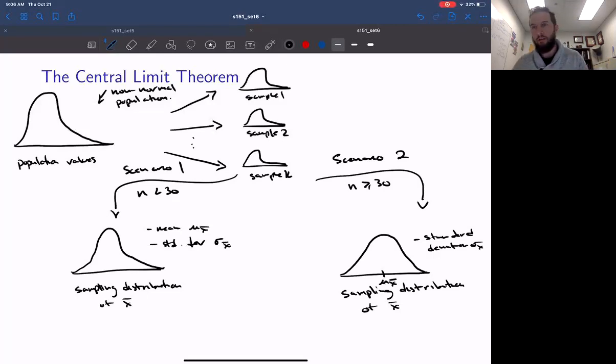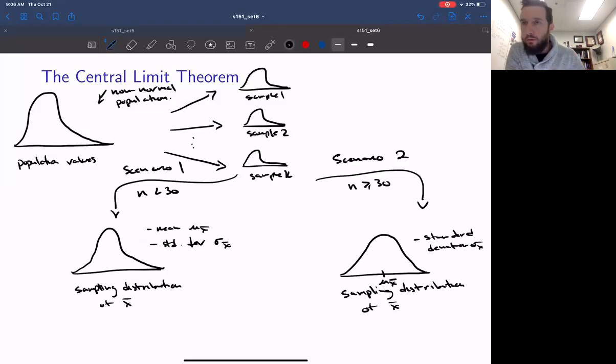So that's basically what the central limit theorem is doing. You sample from anything non-normal. In this illustration, I used a right skew, but it could be anything that is non-normal: left skew, right skew, bimodal, trimodal, whatever. If you collect samples where the sample size is greater than or equal to 30, the sampling distribution of x bar will be normal.